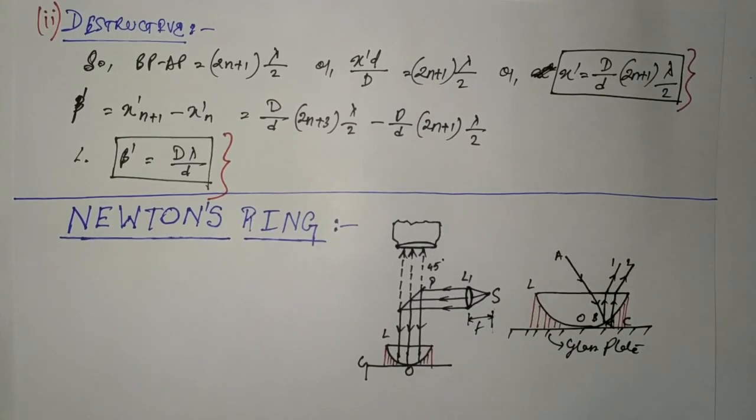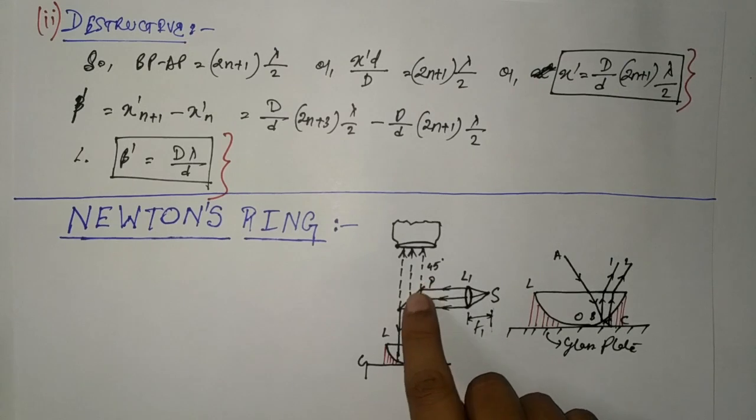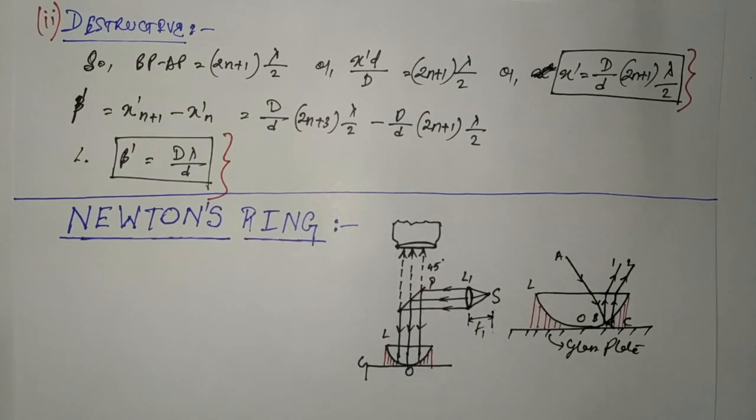This is the focal length of the lens L1. So the parallel rays are reflected by a glass plate P inclined at an angle of 45 degrees.